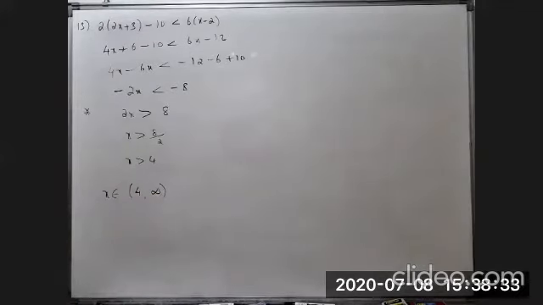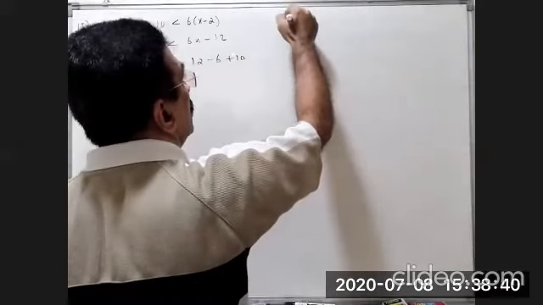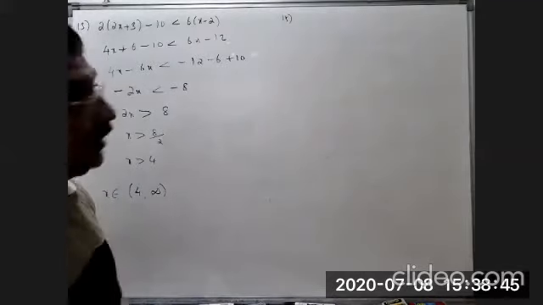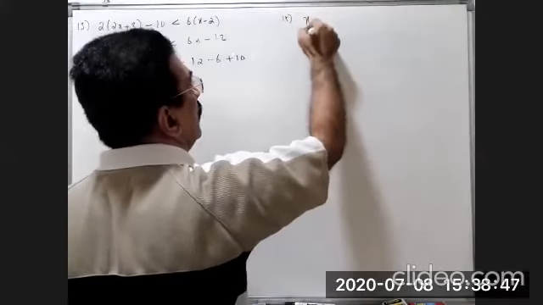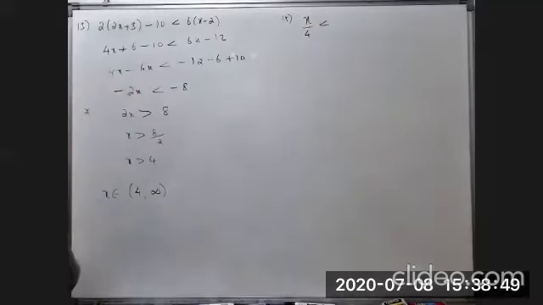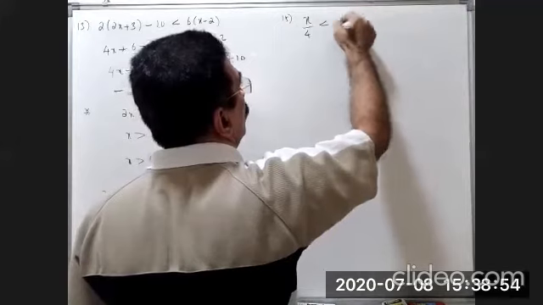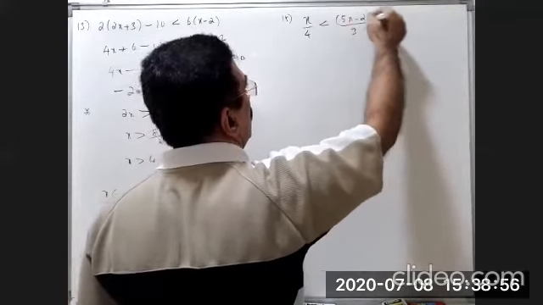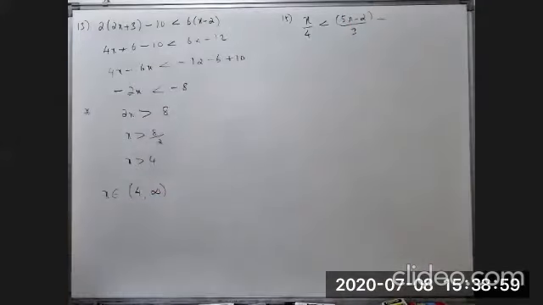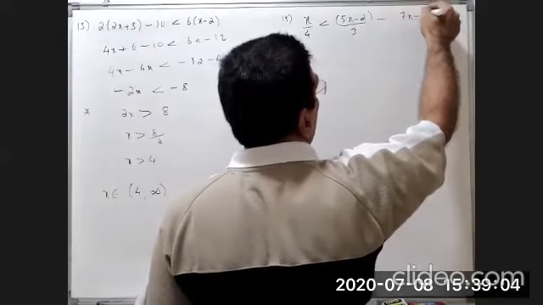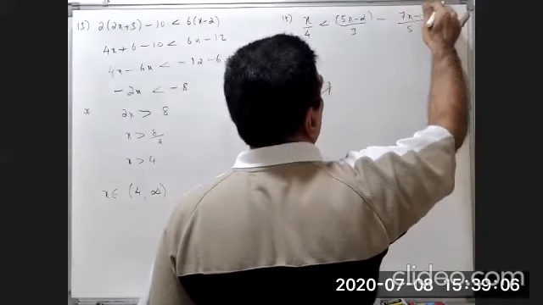Now 15. x by 4 less than 5x minus 2 by 3 minus 7x minus 3 by 5.